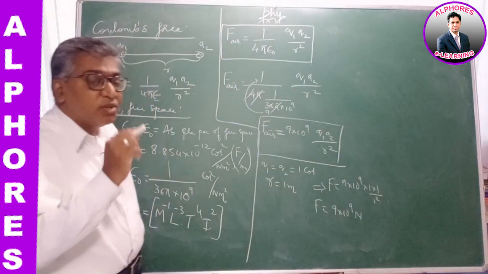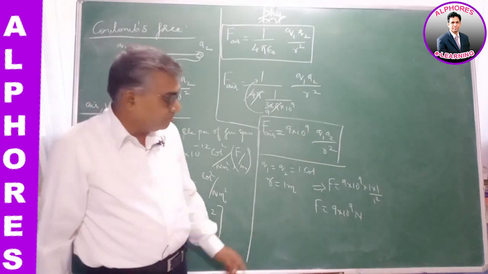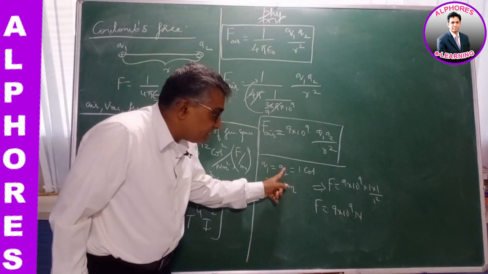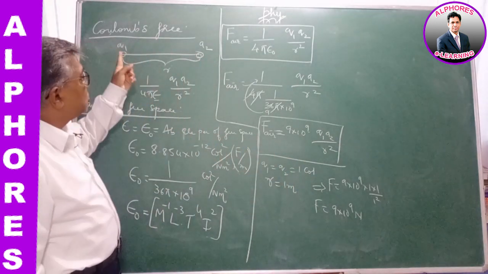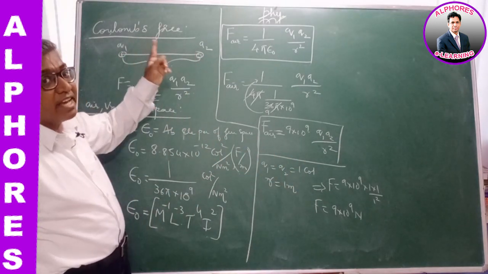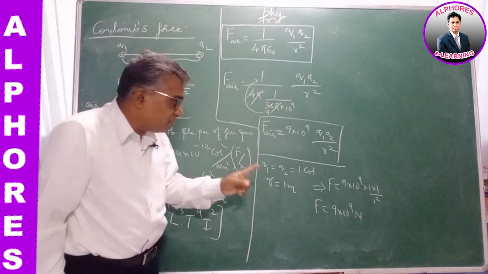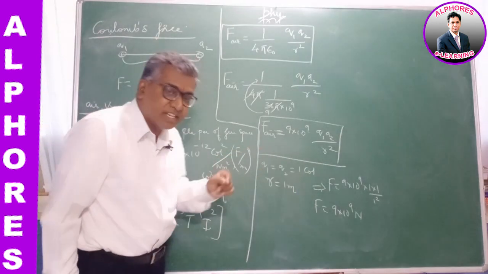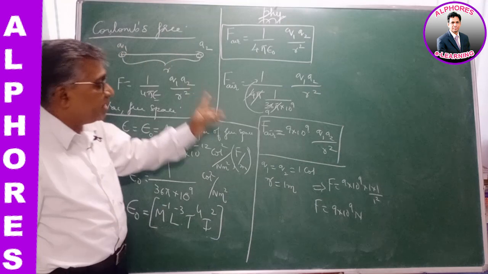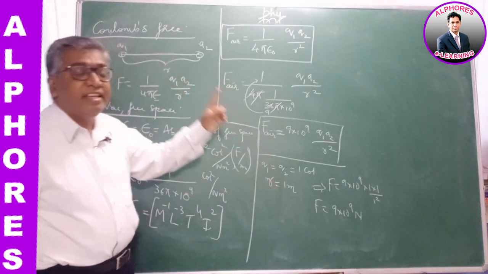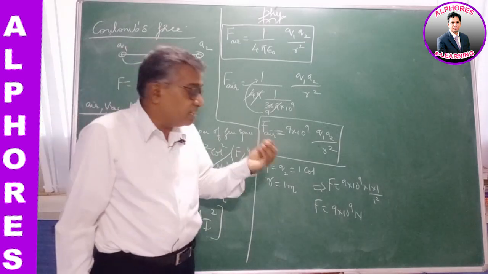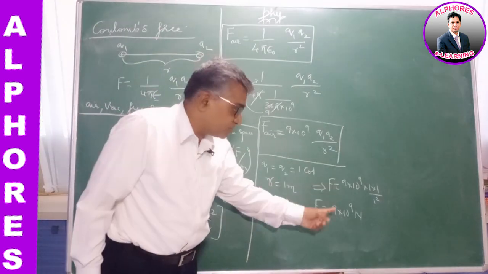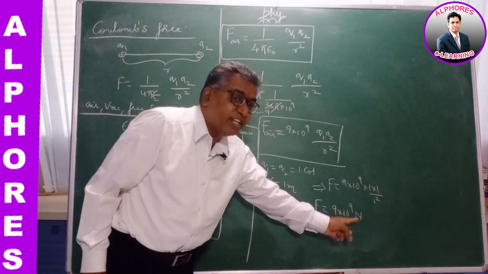So what is 1 coulomb? It is that equal charge on two stationary point charges separated by a distance of 1 meter in either air, vacuum, or free space, which will make them repel with a force of 9 into 10 power 9 Newton.